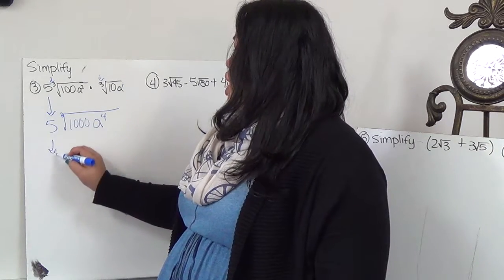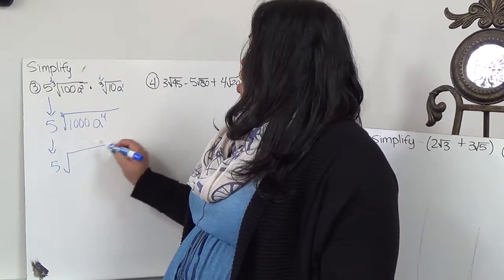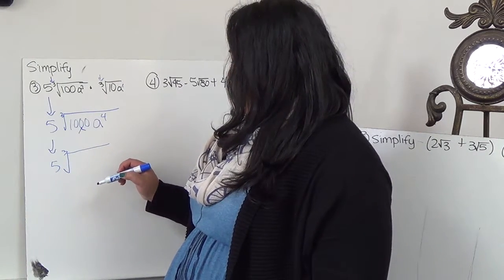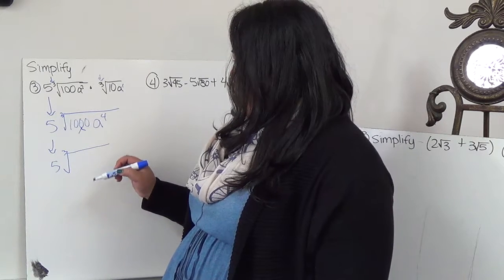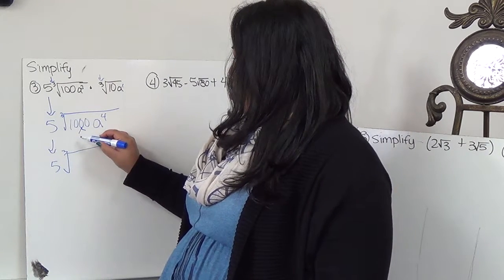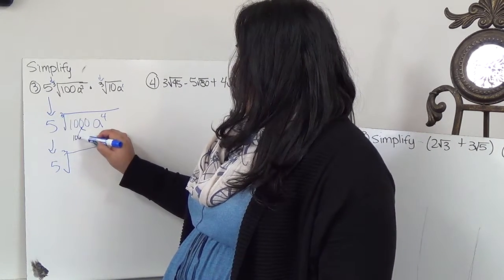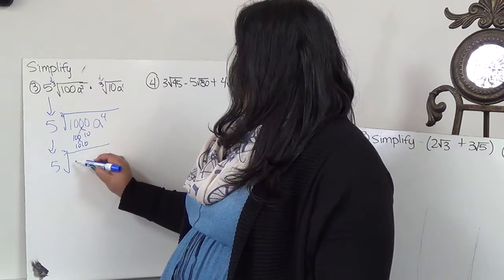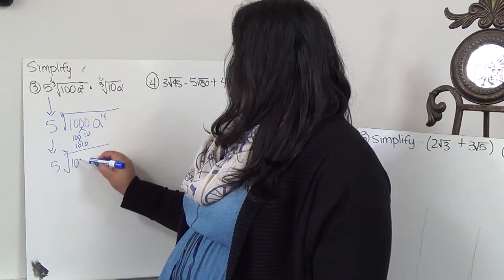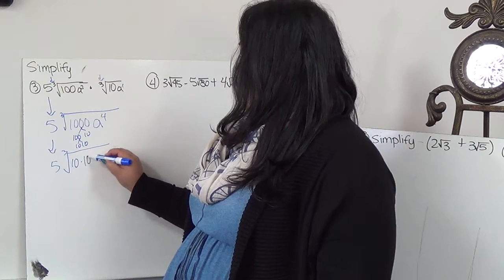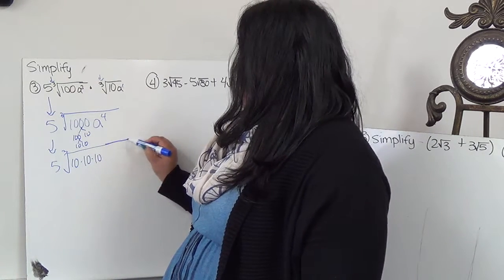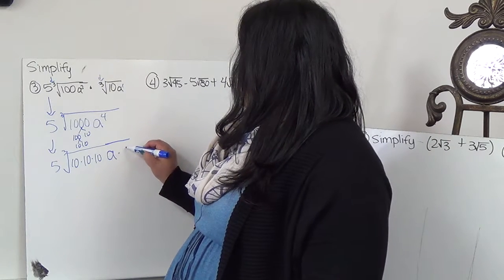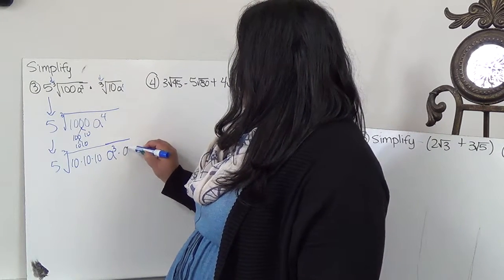And I'm going to keep bringing down that 5 because I'm going to focus on this cubed root right here. I'm going to do 100 times 10, 10 times 10. So this is 10 times 10 times 10 over, and I'm going to do a times a cubed.